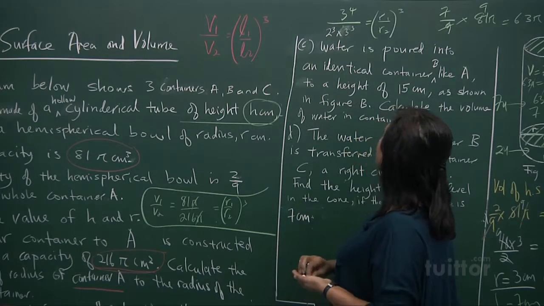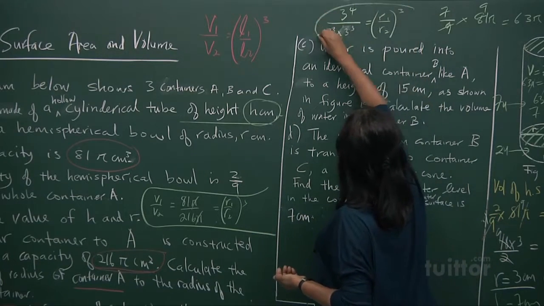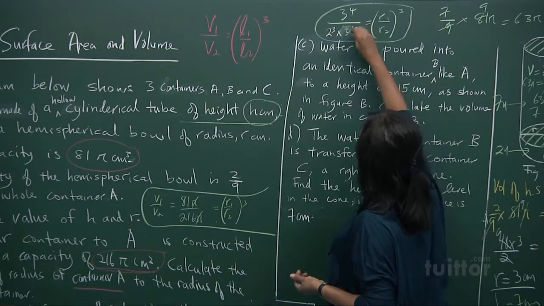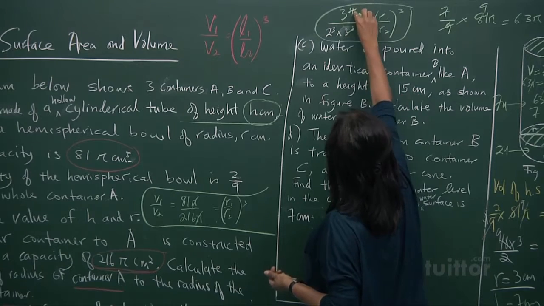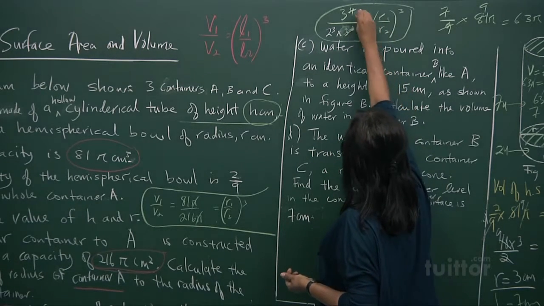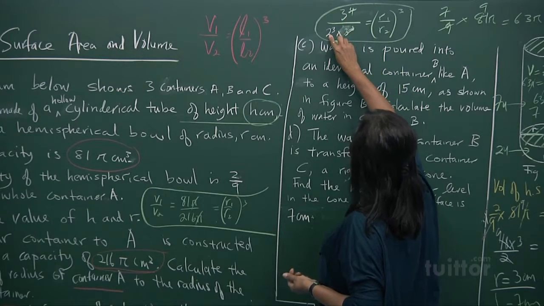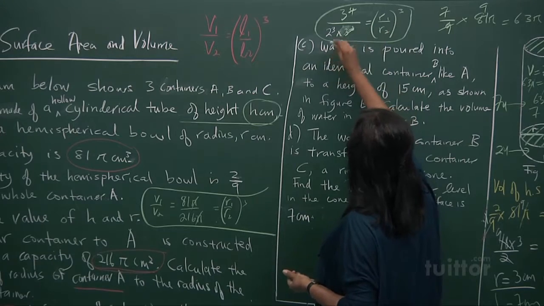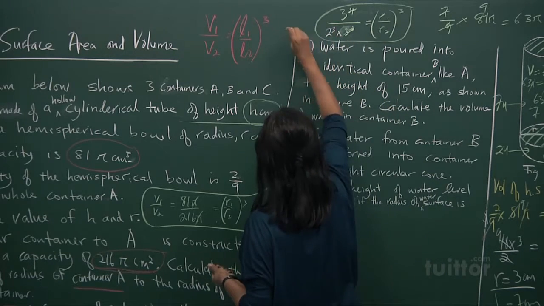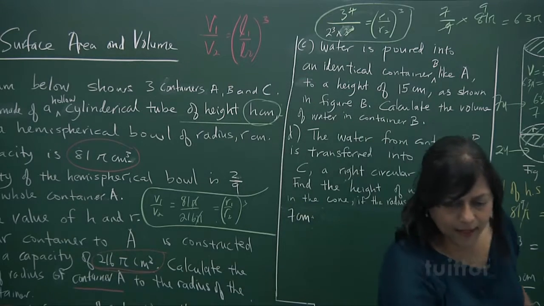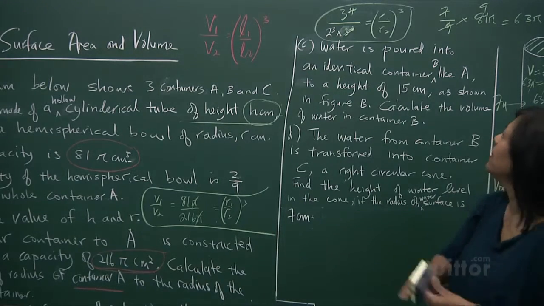So you've got this whole thing. 6 cubed is 2 cubed times 3 cubed. We could cancel this off. 3 to the power of 4 over 3 cubed. Cancel the 3's off. You get 3 over 2 cubed. And when you find the cube root of R1 over R2, the ratio of R1 over R2, let me get the space here.